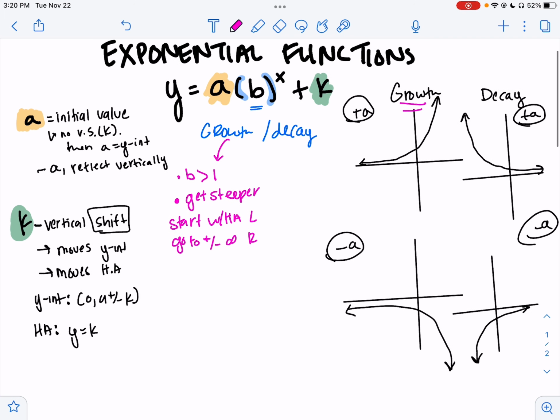In terms of end behavior, on the left-hand side, as x goes to negative infinity, y is going to go towards the horizontal asymptote. Versus on the right, as x goes to positive infinity, y is going to go to positive or negative infinity, and once again that's based on whether you had a positive a or a negative a. So those are your growth graphs.